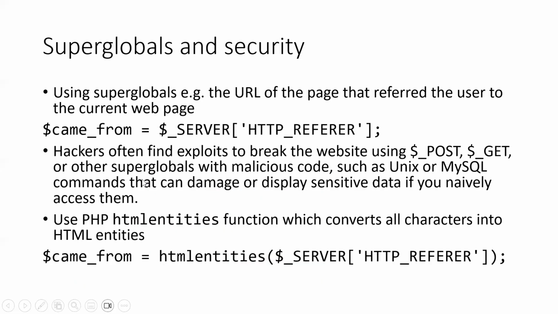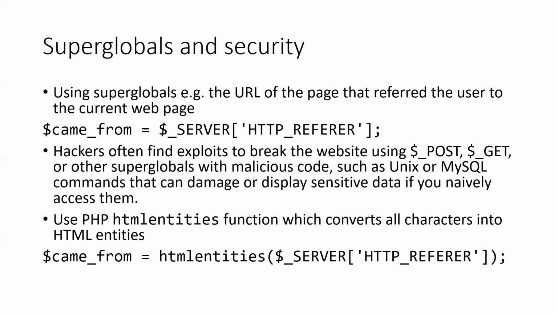Right. Now, when we use super globals and the security aspect, we need to be careful. For example, what we want to access in the current page, we can have underscore server, we can have HTTP referrer. Basically, that will be the URL of the page that referred the user to the current web page.